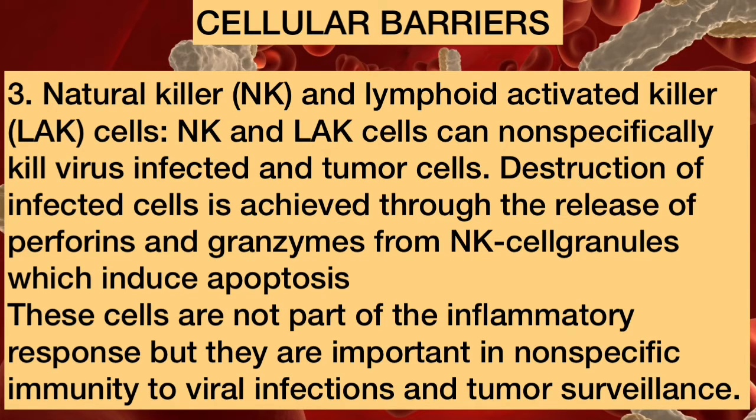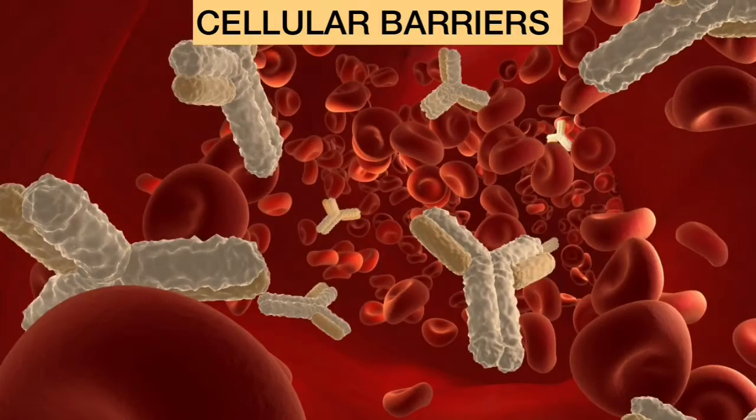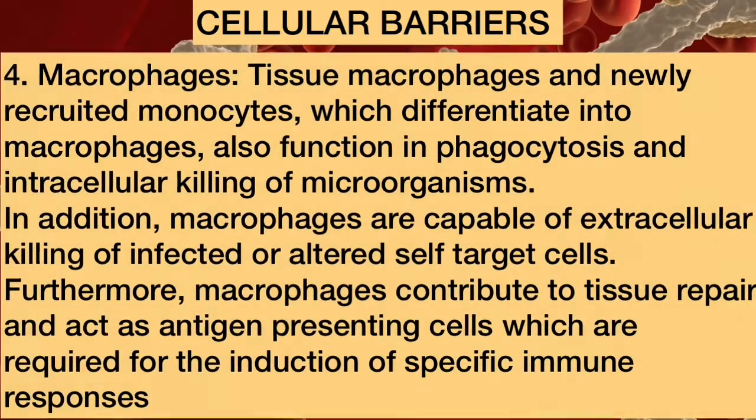Destruction of infected cells is achieved through the release of perforins and granzymes from natural killer cell granules, which induce apoptosis. These cells are not part of the inflammatory response, but they are important in non-specific immunity to viral infections and tumor surveillance. Lastly, we have the macrophages.